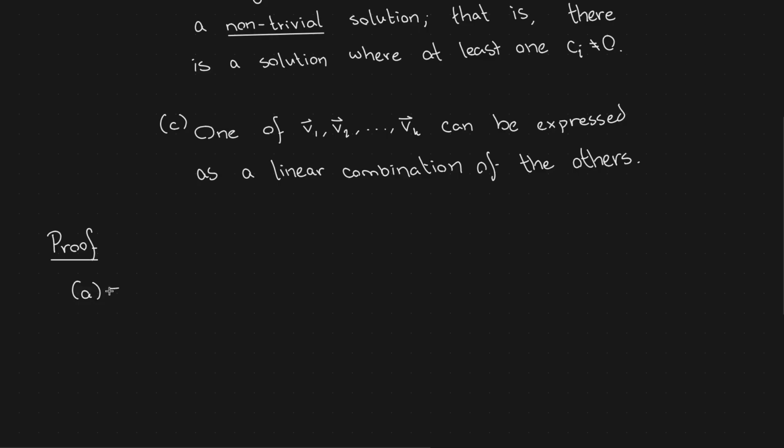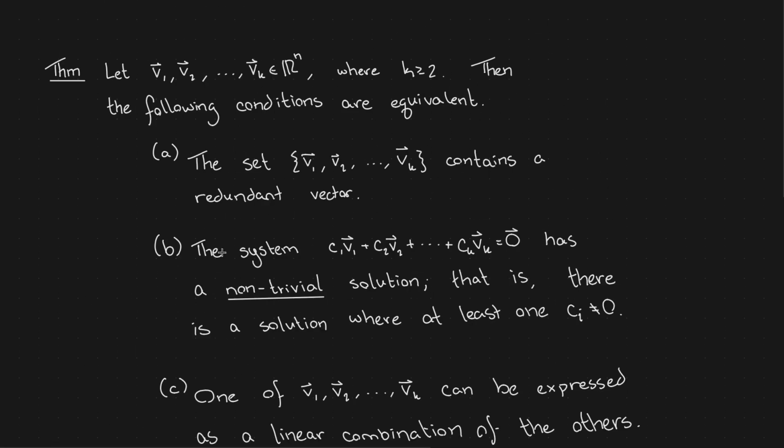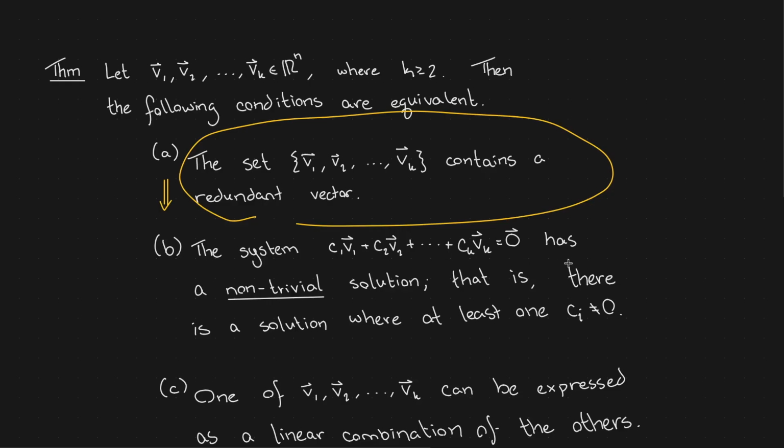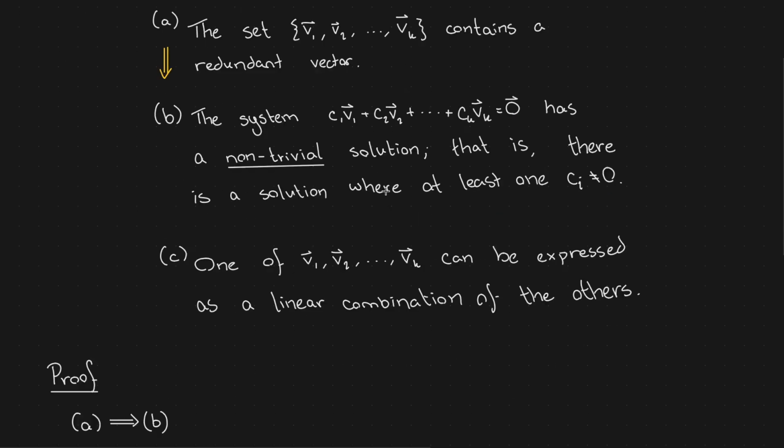To start, I'm going to assume condition A is true, and I'm going to show if condition A is true, then condition B must also be true. So I'm showing that if A is true, then B is true. We're going to start by assuming that our set contains a redundant vector.